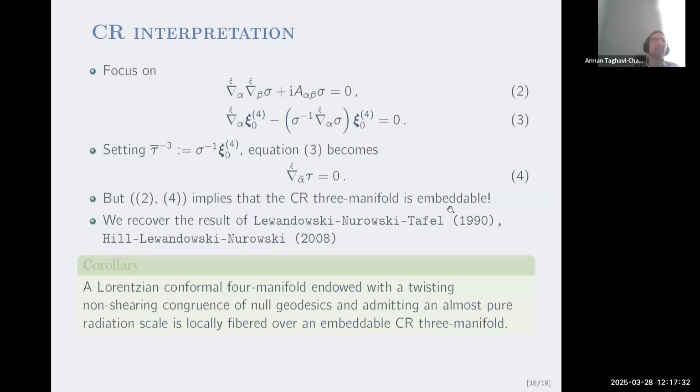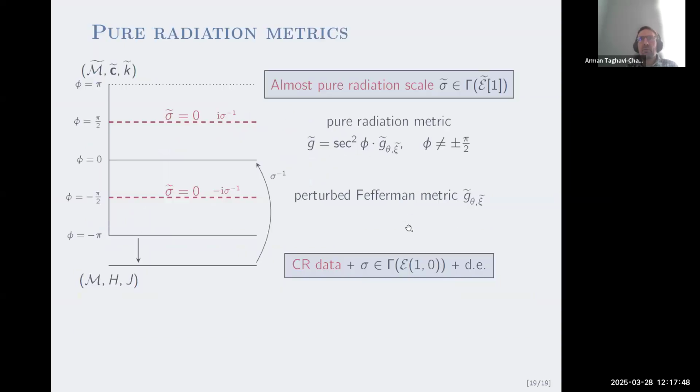So as a corollary, a Lorentzian conformal four-manifold endowed with the twisting non-shearing congruence of null geodesics and admitting an almost pure radiation scale is locally fibered over an embeddable CR three-manifold. But then maybe more to the point, we can describe any pure radiation metric in the context of twisting non-shearing congruences of null geodesics as a perturbed Fefferman space.